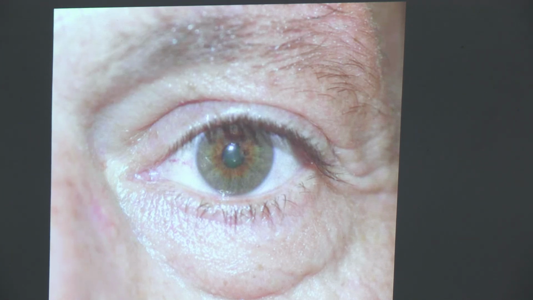When you see direct sunlight, it constricts. So I was asking how many types of muscles are there in the iris. There are two types of muscles, the circular and the longitudinal muscles.